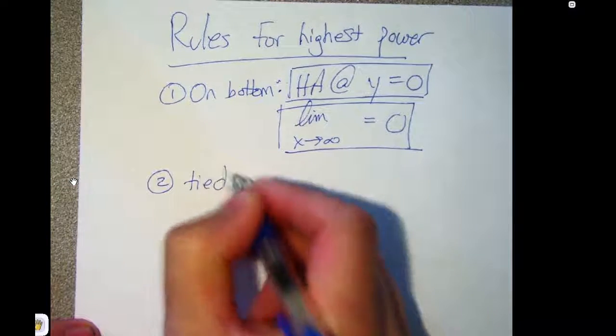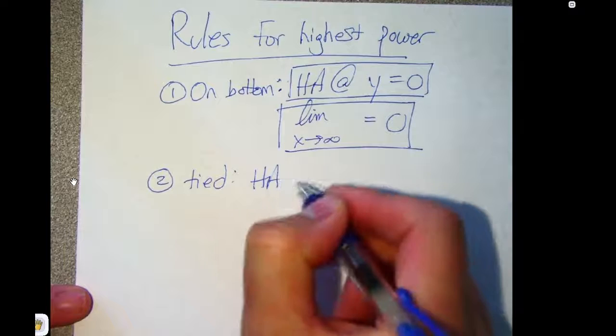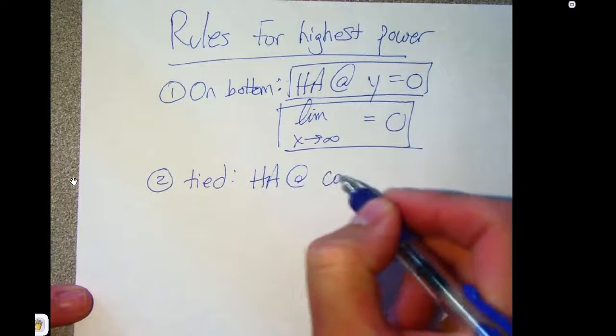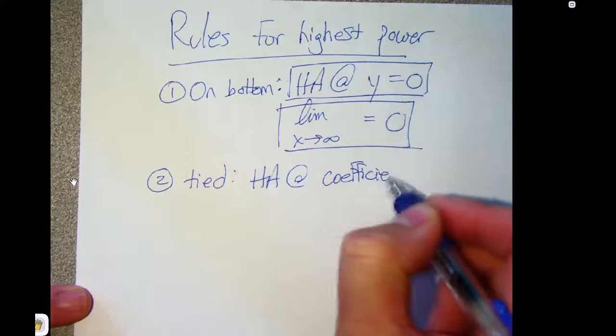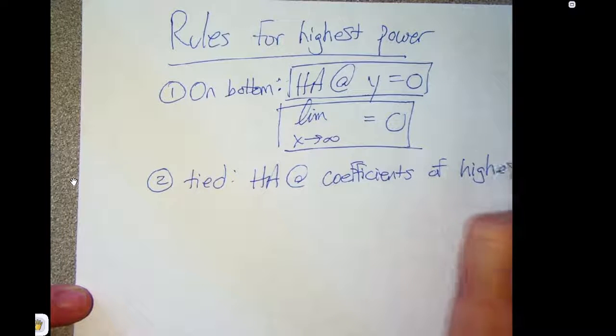If the highest power is tied, where's your horizontal asymptote? The coefficients in front of the highest power. It would be the horizontal asymptote at the coefficients of the highest power. I think that makes sense.